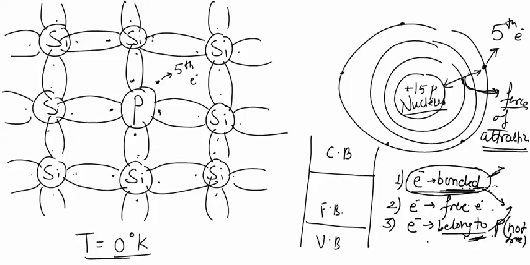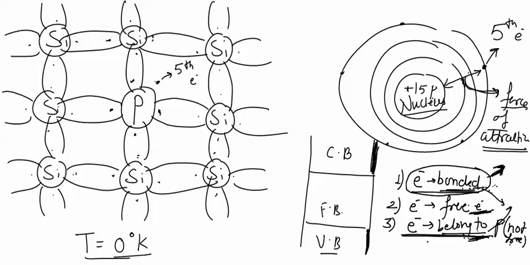The bonded electron has its energy lying in this range, that is in the valence band. The free electron has its energy lying in the conduction band, while this electron is not free, and also it is not in a covalent bond.